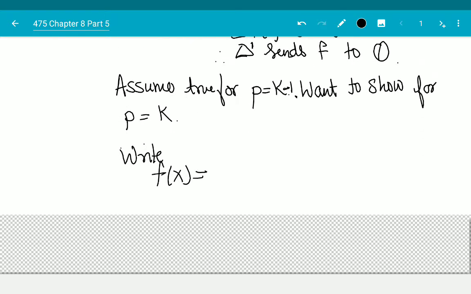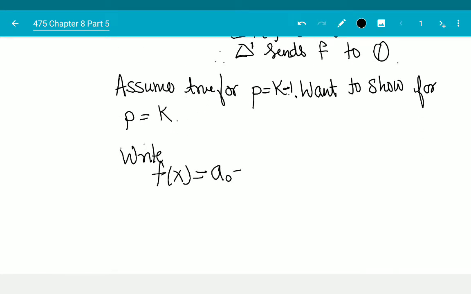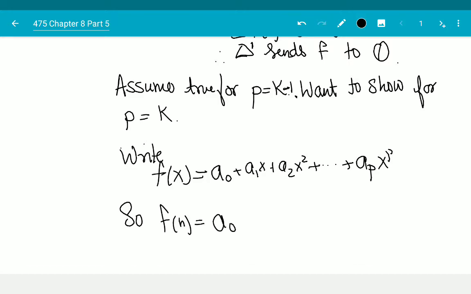is equal to, well, it's a polynomial, so you get a0 plus a1x plus a2x squared plus blah blah blah ap x to the power p. Okay, so fn is going to be a0 plus a1n plus a2n squared plus dot dot dot plus ap n to the power p, right?